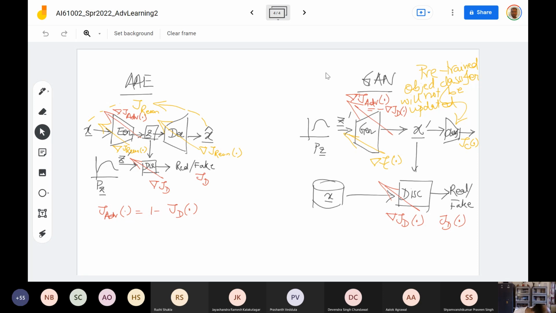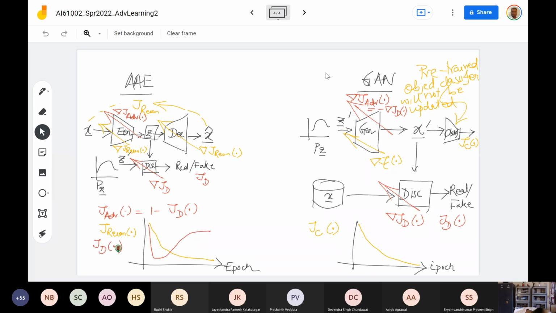However, if you look into the learning dynamics, what you would see is that the reconstruction loss is steadily going down. So this is J_recon. Similarly, the classification loss also steadily keeps on going down. This is J_classification. The discriminator loss will initially go down and then rise up.